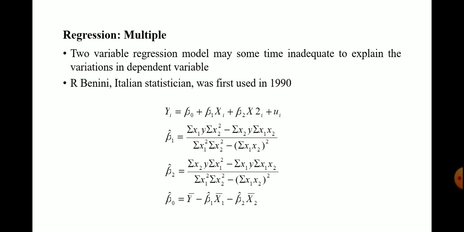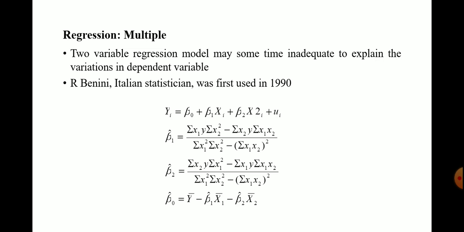If there is more than one independent variable, it is known as a multiple regression model. The most important case of a multiple regression model is the three-variable model: one dependent variable and two independent variables.